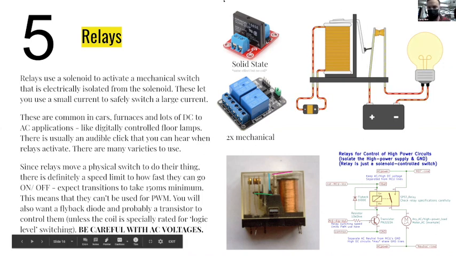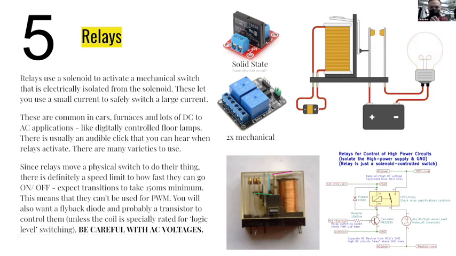A couple questions coming up. Back EMF is totally a good question. Back EMF is a fascinating thing. It's a back electromotive force. So it's a voltage that you get when a coil, like in a relay or in a solenoid, stops having current put through it.